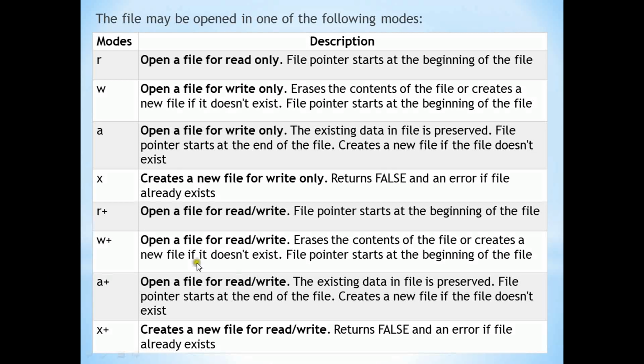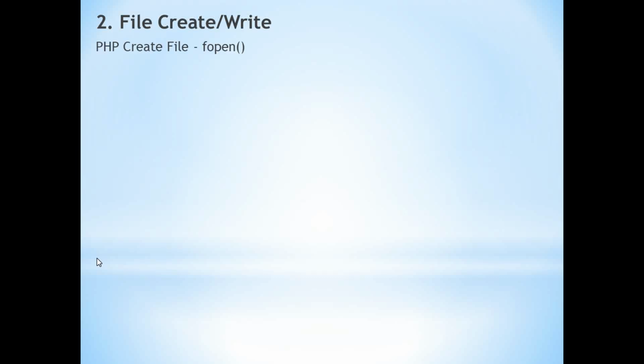W plus is read and write, A plus is read and write, but there are some conditions, which you can go through. Basically you just have to remember r, w, a, and x. R plus, w plus, a plus means you can do both at a time, read also and write also.